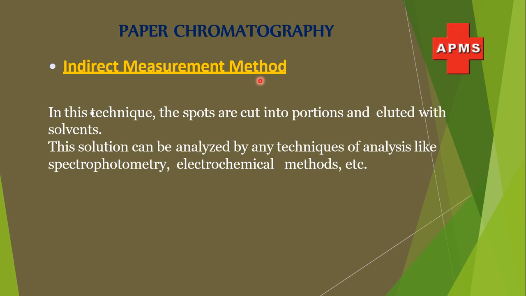Now indirect measurement methods. In this technique, the spots are cut into portions and eluted with solvents. See what we do here. In the obtained chromatogram, the various colored spots present on our filter paper, the filter paper will be cut only at those spot sites. This means we may get small circular pieces of filter paper which contain these spots.